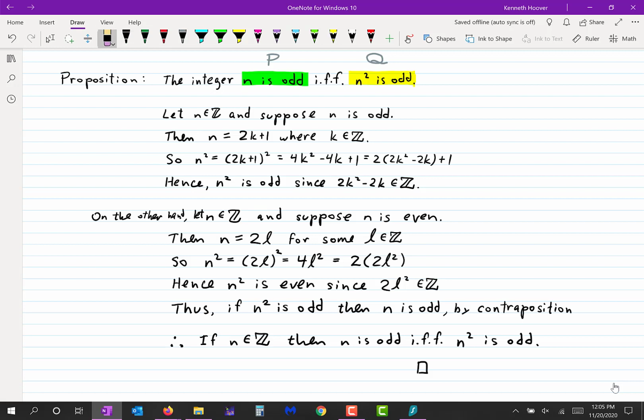Or something as simple as the word now. Now let n be an integer and suppose n is even. Just something to indicate, okay, look, now we're doing something new. We're doing something different. This is not just a continuation that follows from the previous line. We are starting over again on some new subpart.